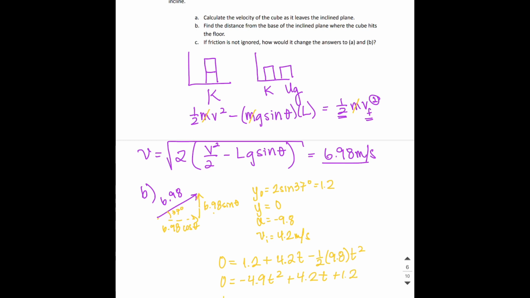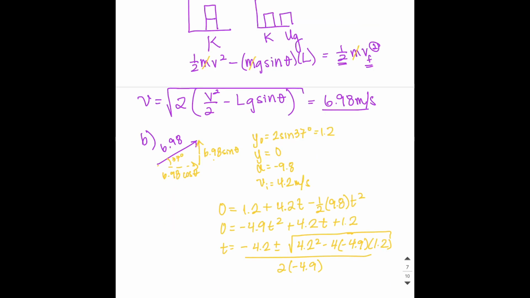You're going to use your quadratic equation. So t is equal to negative 4.2 plus or minus the square root of 4.2 squared minus 4 times a times c, all over 2 times a. I end up with a time equal to 1.08 seconds. And then in order to get my range, I need to use x equals x naught plus v naught t.